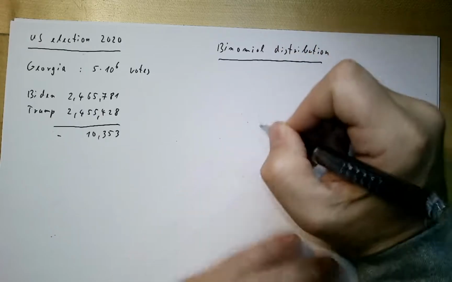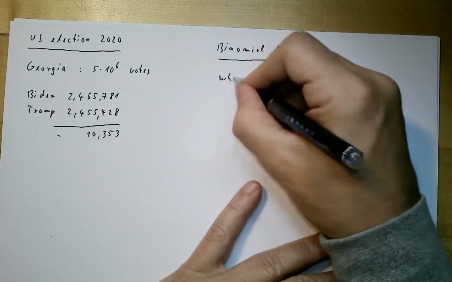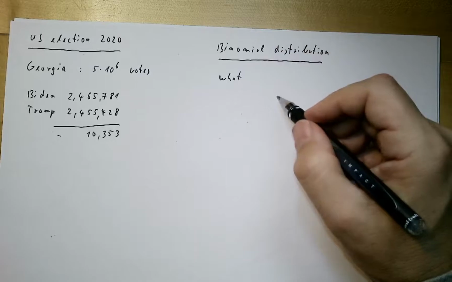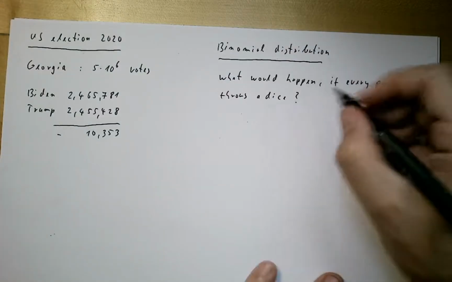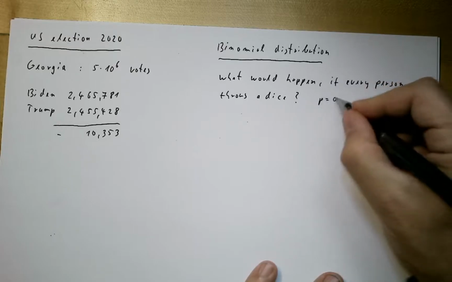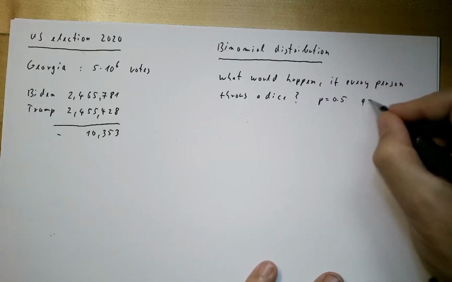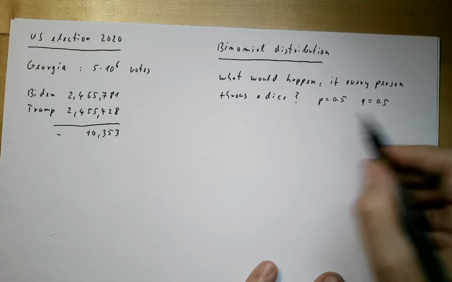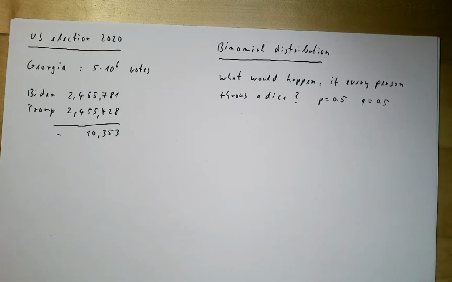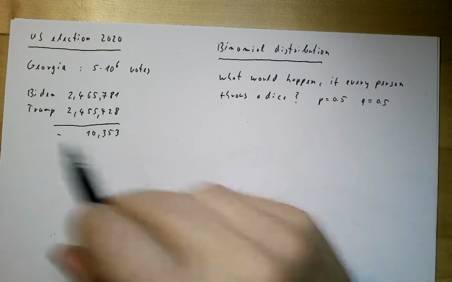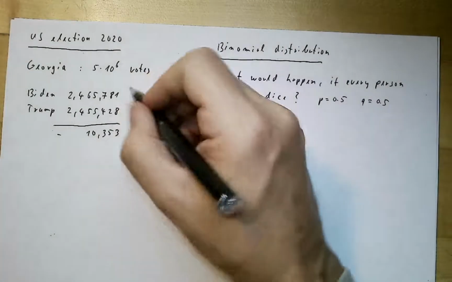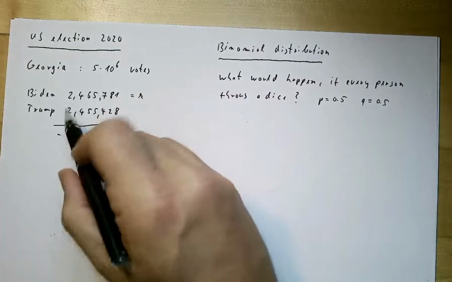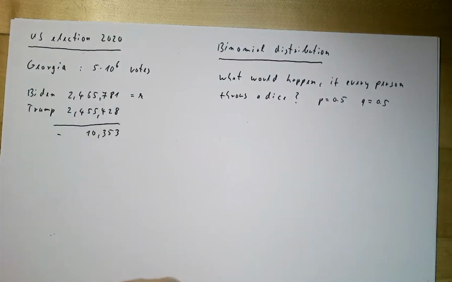What would happen if every person would just throw a dice? So if every person would just throw a dice with p equal 0.5 and q also 0.5, and then we ask what is the chance that we have exactly k equals this number of positive hits.